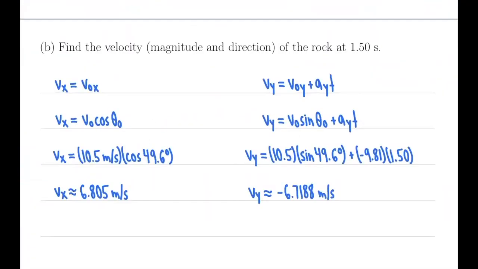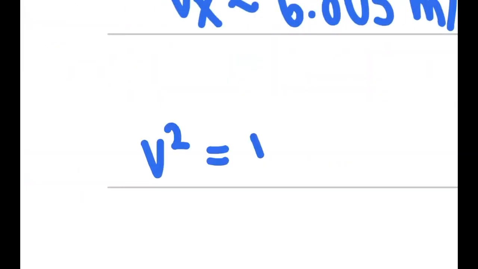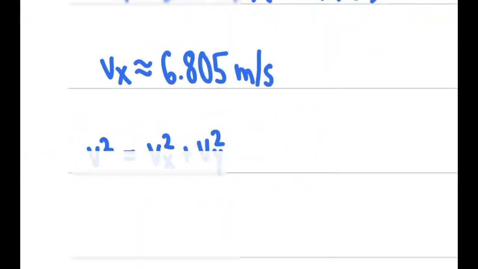Okay, so that's the velocity in the x and y direction, but we want the velocity overall. So how do we find the magnitude of a vector given the x and y components? You just do a little bit of Pythagoras. We know that v squared equals vx squared plus vy squared. This is basically a squared plus b squared equals c squared.